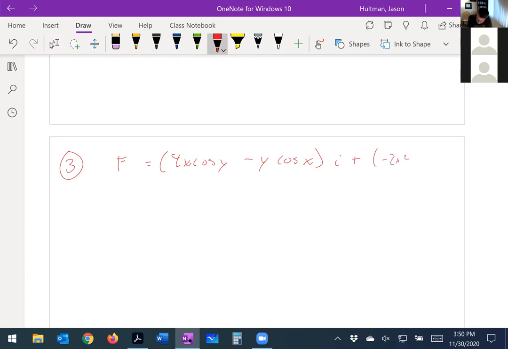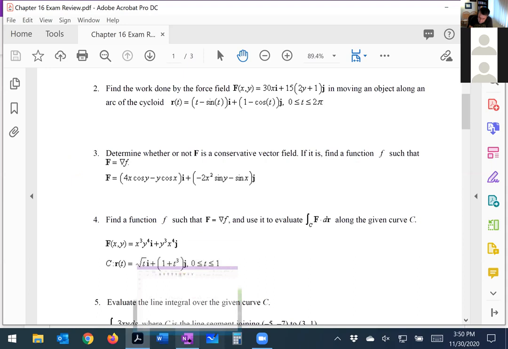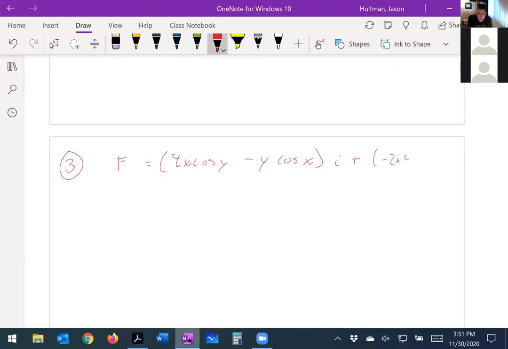I think that's negative 2x squared sin y minus sin x, j, right? So we want to know if this thing is conservative. So is dP/dy equal to dQ/dx? I'm going to take this whole thing and take the partial with respect to y.